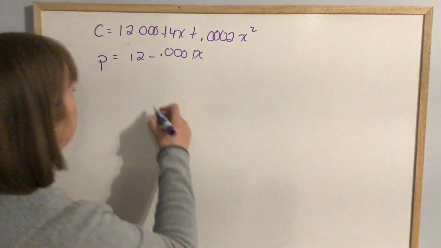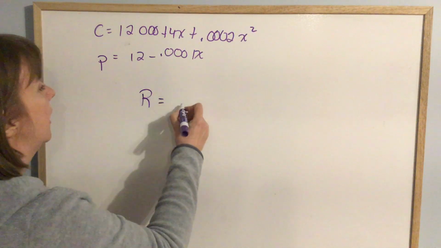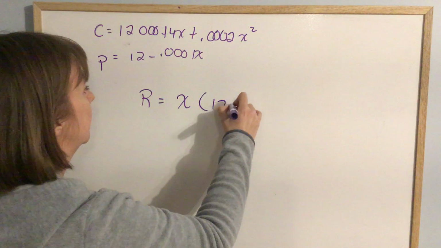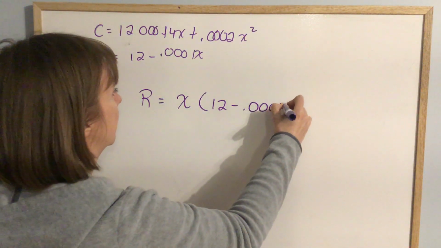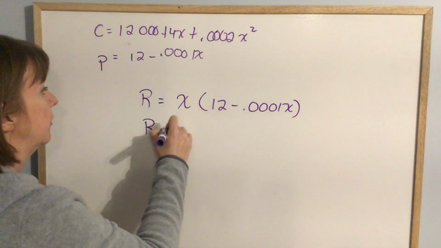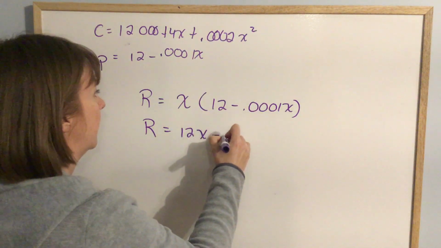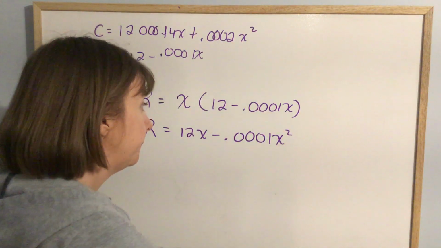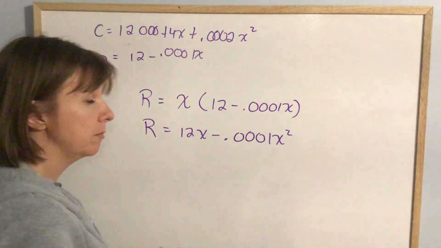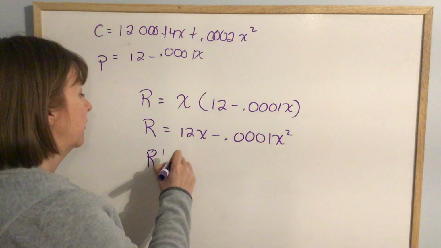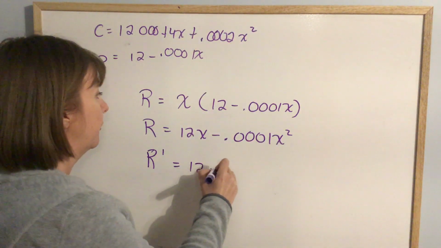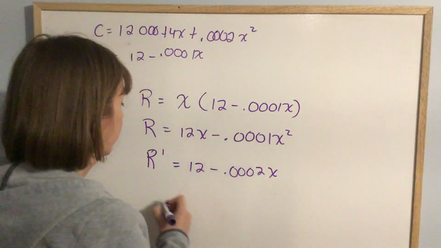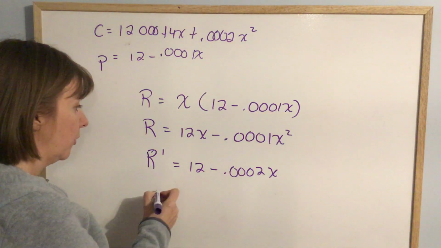The first thing you have to do is figure out your revenue formula. Revenue is the number of bottles that I make multiplied by the price, so my revenue is 12x minus 0.0001x squared. To maximize my revenue, I take the derivative, which is 12 minus 0.0002x, and make it equal to 0.